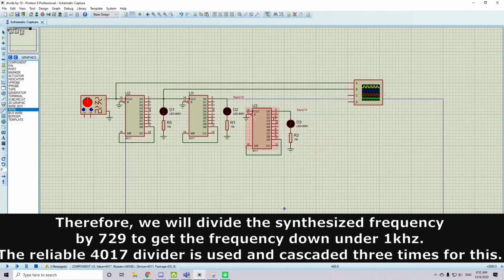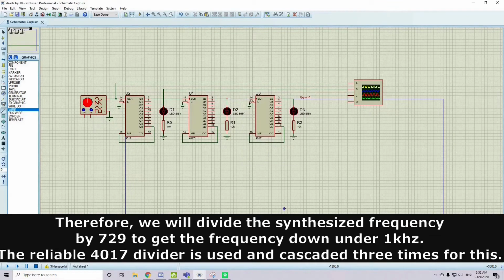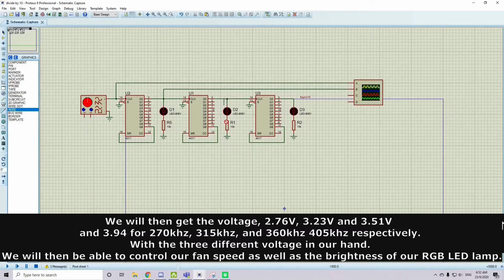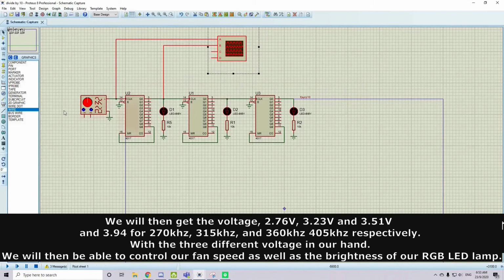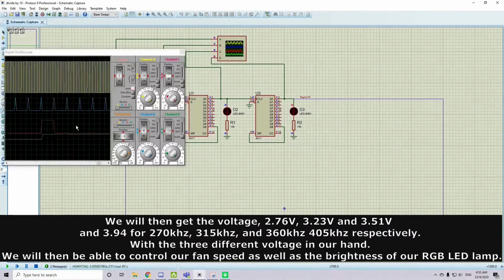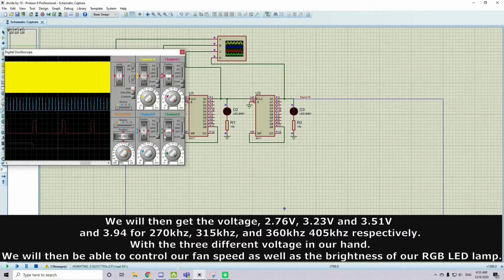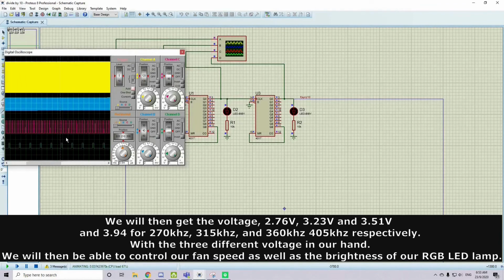Therefore, we will divide the synthesized frequency by 7 to 9 to get the frequency down under 1 kHz. The reliable 4017 divider is used and cascaded 3 times for this. We will then get the voltages 2.76 volt, 3.23 volt, 3.51 volt and 3.94 volt for 270 kHz, 315 kHz, 360 kHz and 405 kHz respectively.